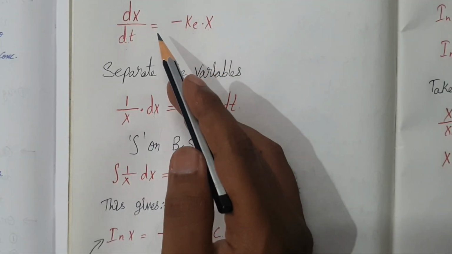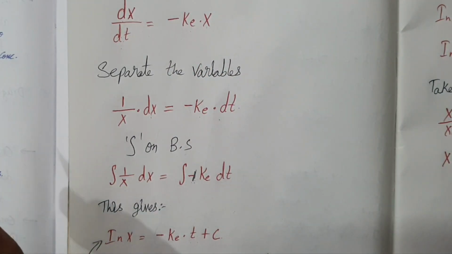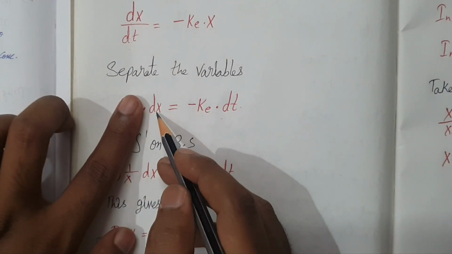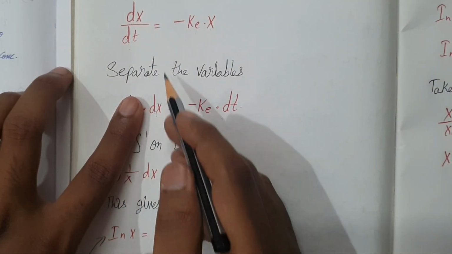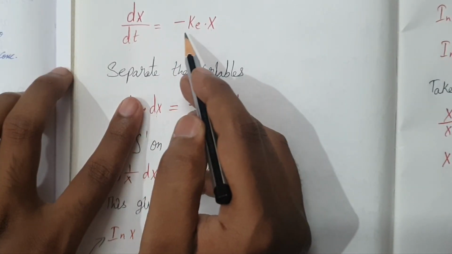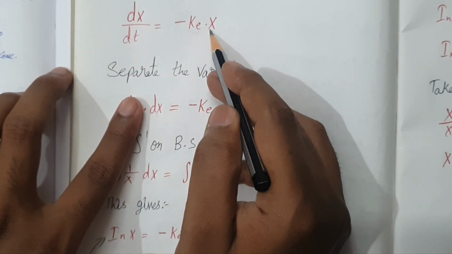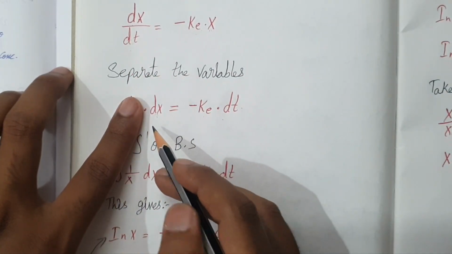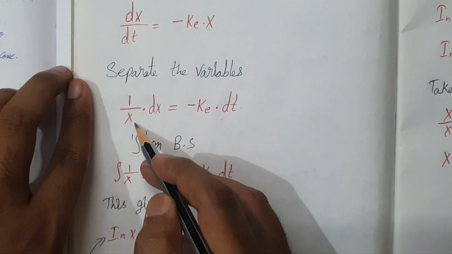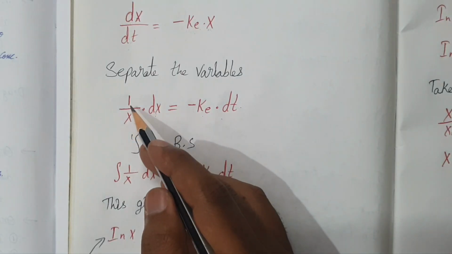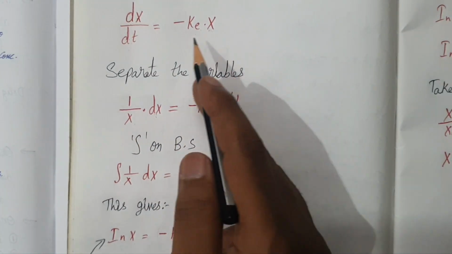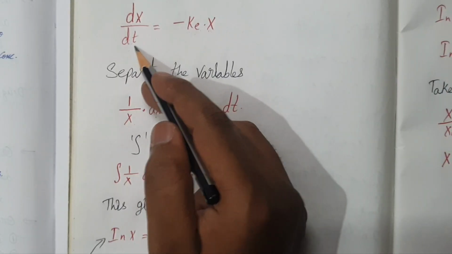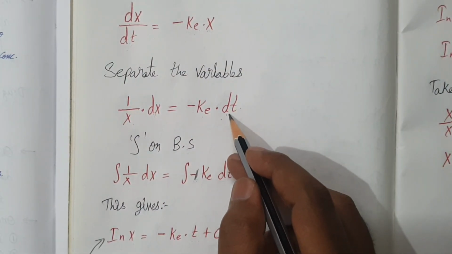The similar terms will be on the same side. As we are putting the dx here, we have to find the x variable. Here x is in multiplication, so on the other side it becomes division, so 1 by x. Minus Ke as it is, then dt is in division, so here it will be in multiplication.